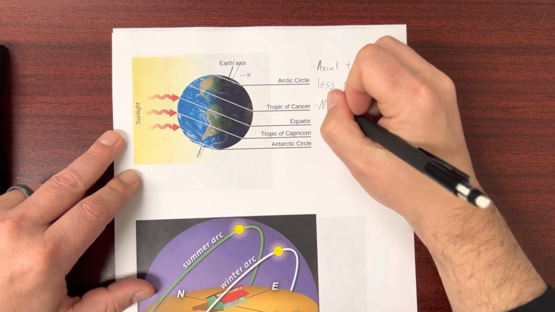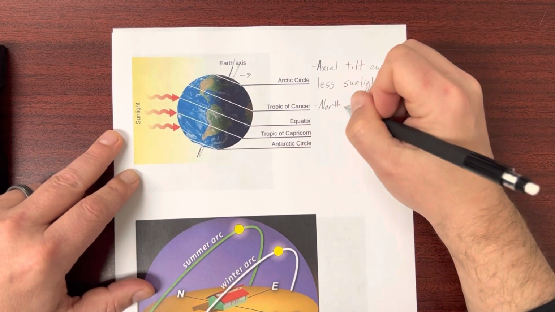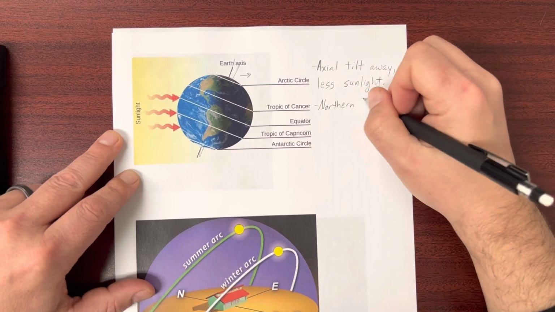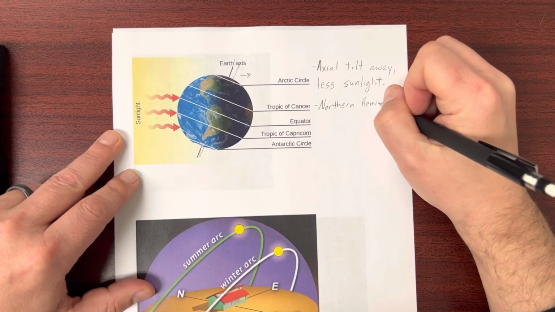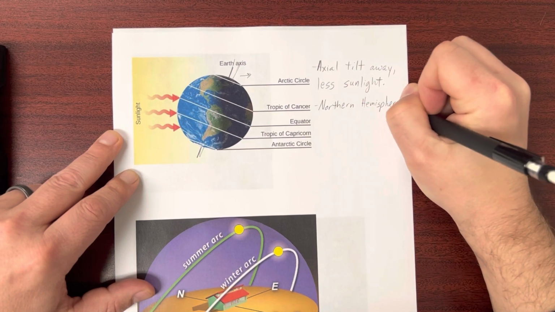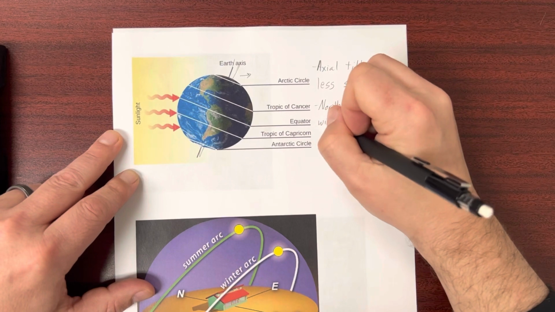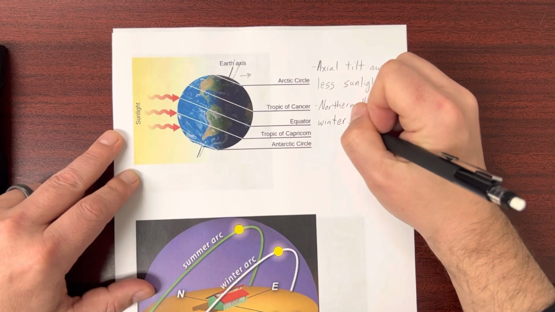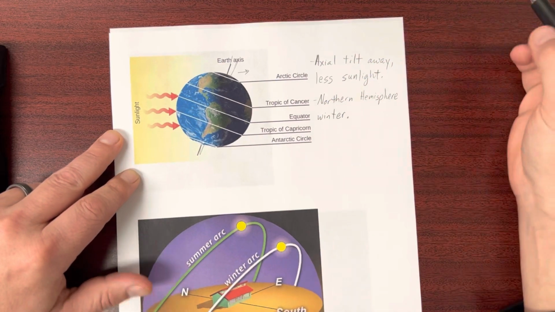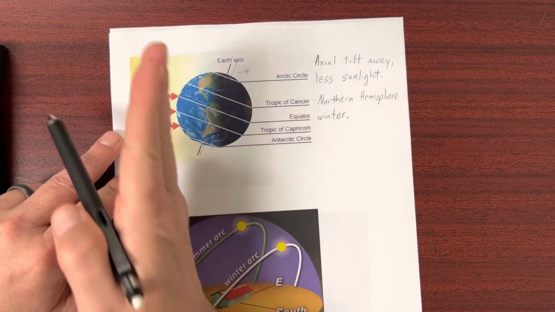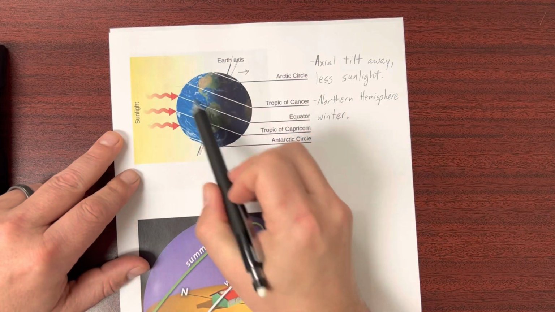Now in the northern hemisphere, this is going to mean that we have winter. And that just is because you're getting less sunlight, less direct sunlight, not as much energy transferred. So in the northern hemisphere up here, since it's pointed away, this is when we have winter.